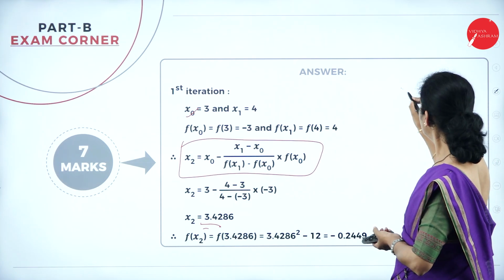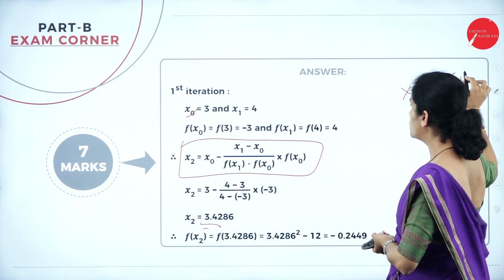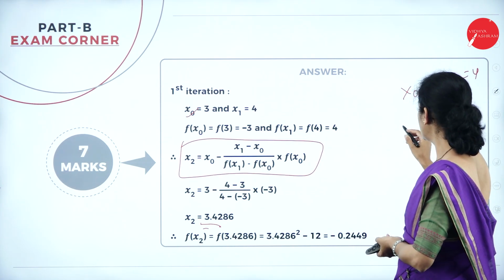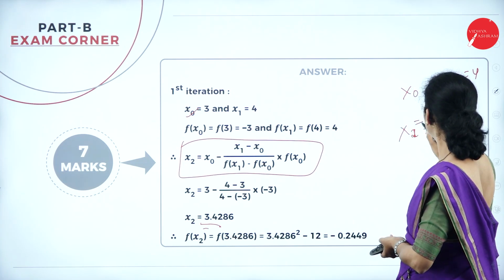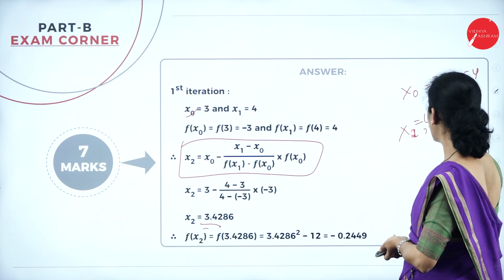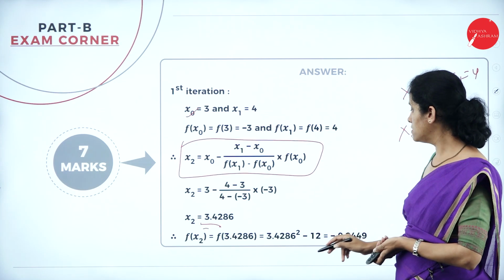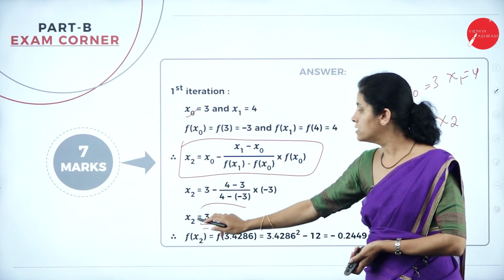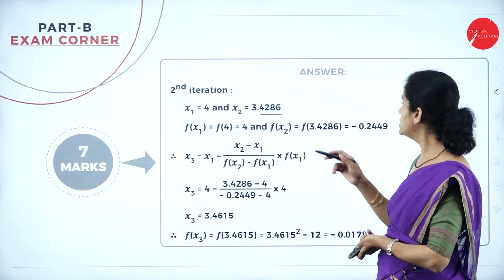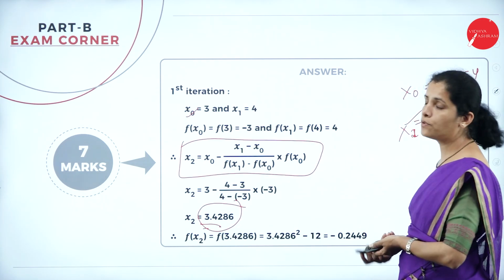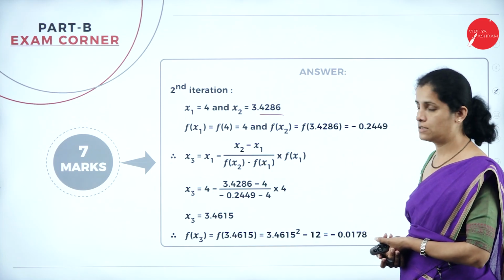So here I have x0 equal to 3, x1 equal to 4. Next iteration, that is x1 comma x2. x1 is nothing but 4 and x2 is whatever answer I got, 3.4286. So x1 is 4, x2 is 3.4286.